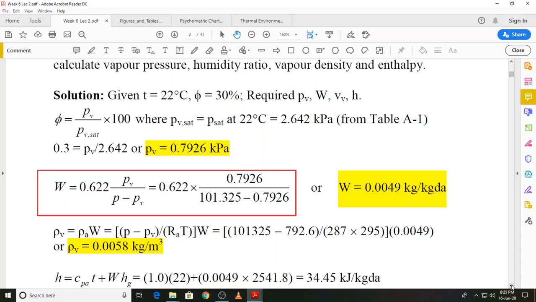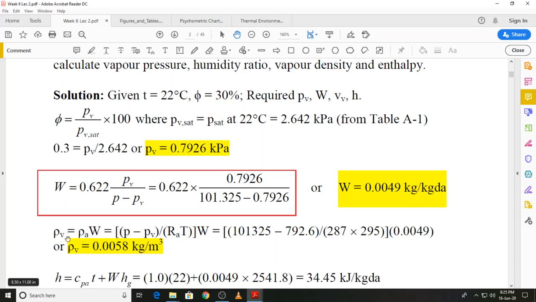Because the volume occupied by the water vapor and air is the same, it will cancel out in the numerator and in the denominator, and that will give you the humidity ratio as the ratio of the densities of water vapor to the density of dry air.